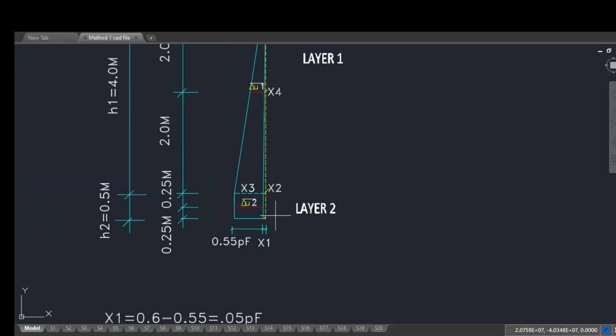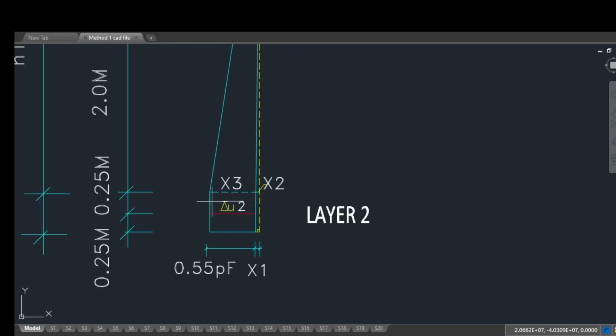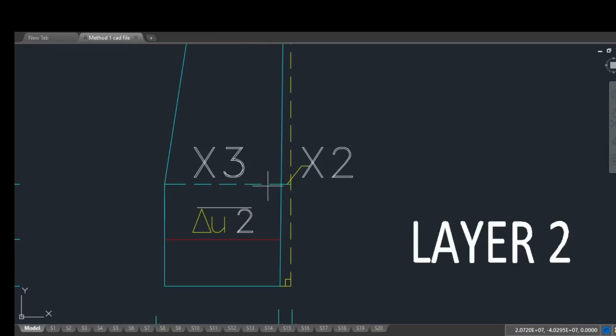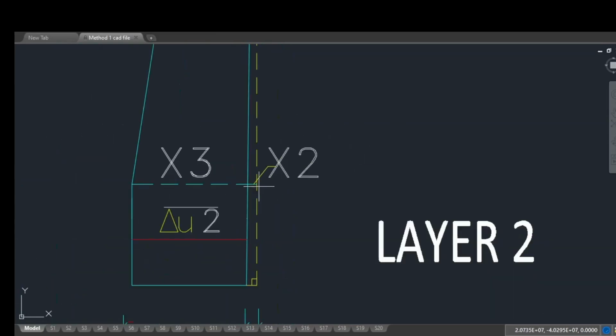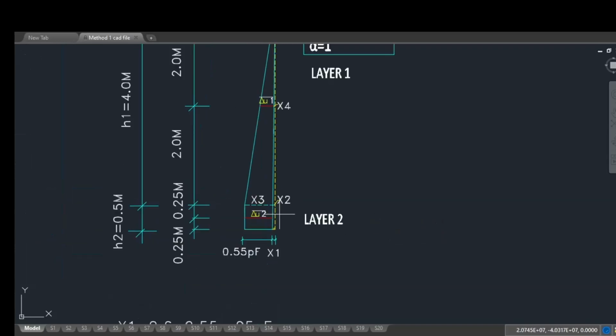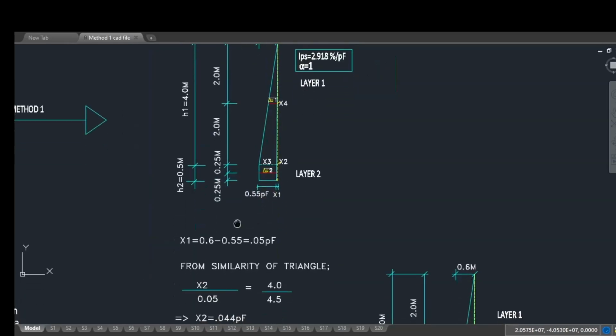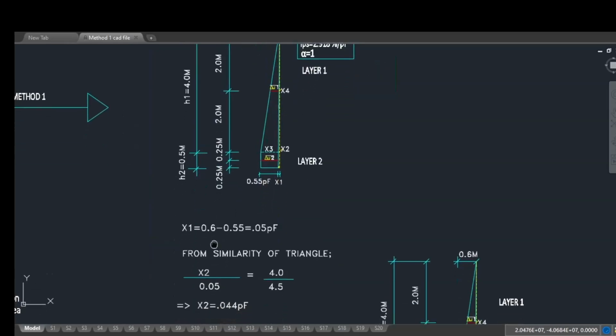Then at the point where the profile changes from this vertical line to an angle, we will call this horizontal distance x3, and then add another line x2 to be perpendicular to that yellow line we drew before. Now before we get to x4, let us work out x1, x2 and x3.